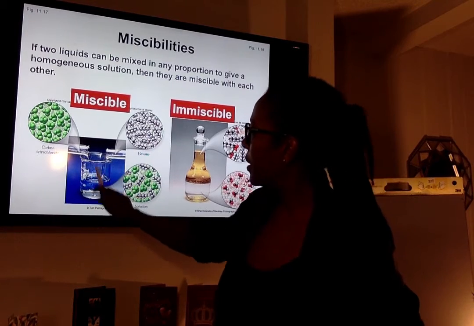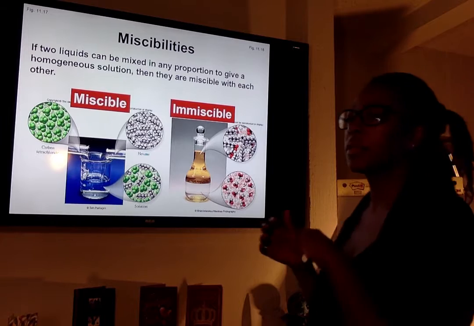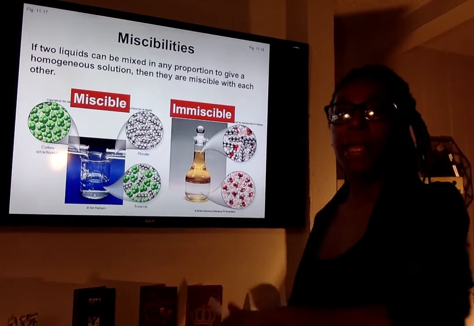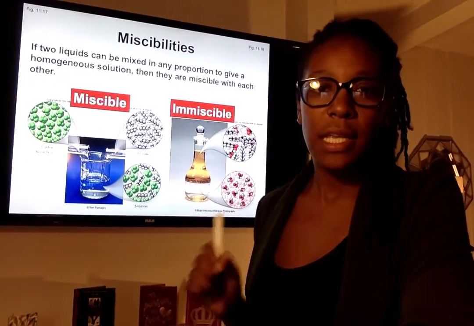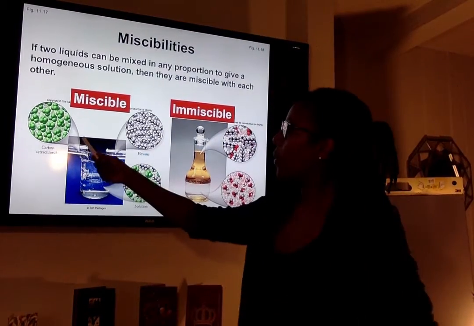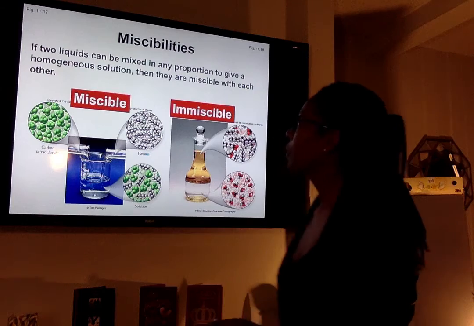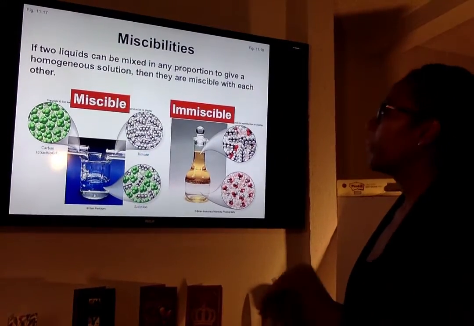These are liquids that are added to another liquid, and it's asking whether this solution is going to be homogeneous or not. When something is homogeneous, that means like dissolved like, so a nonpolar molecule with a nonpolar molecule, or a polar with a polar. When these two liquids mix together, they call them miscible.